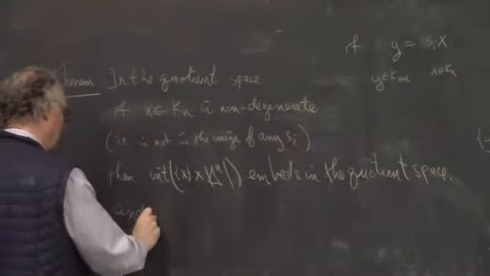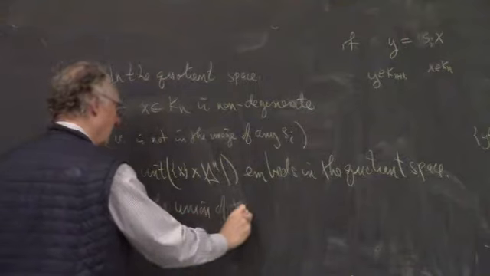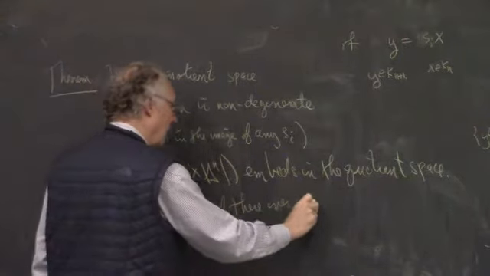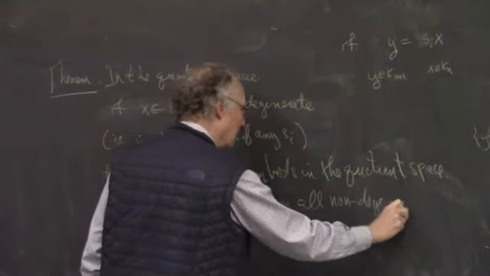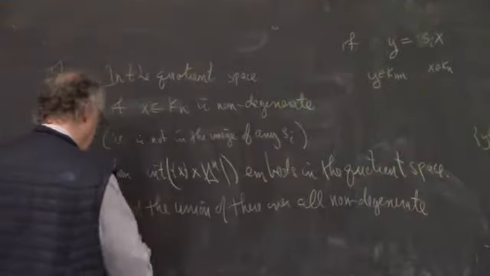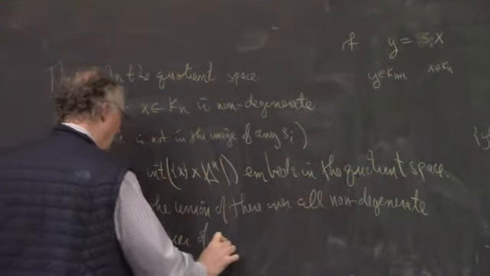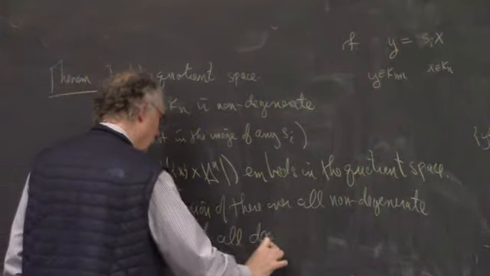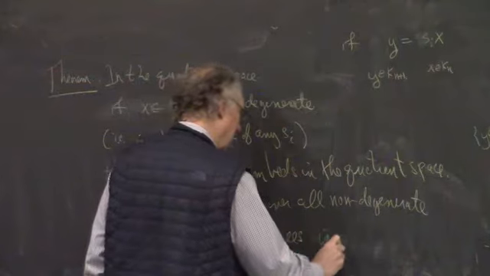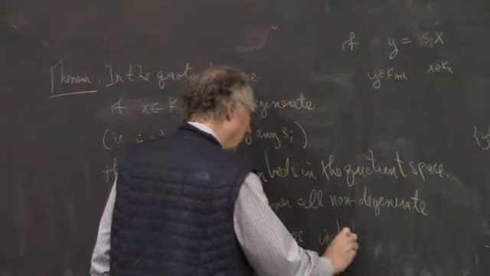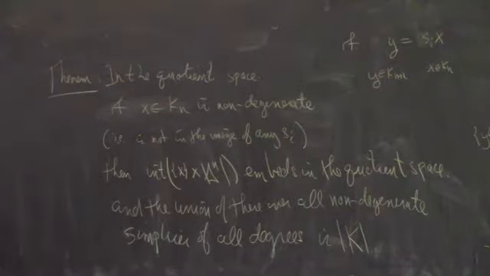And the union of these over all non-degenerate simplices of all degrees, all n, is the geometric realization of K. I should have said the quotient space is the geometric realization.